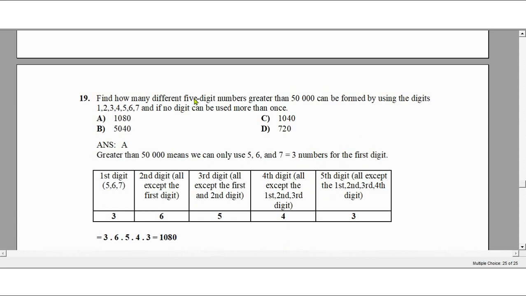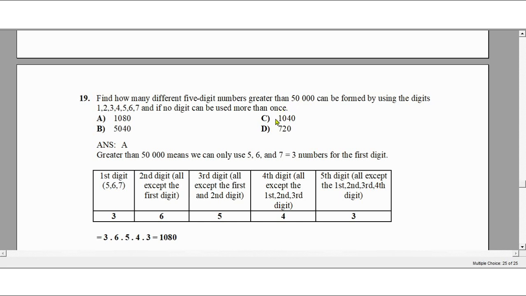The first restriction is you need to arrange your 5-digit number from these 7, right? This 1 until 7 is 7 numbers. You arrange 5-digit numbers but greater than 50,000. So this is the restriction.